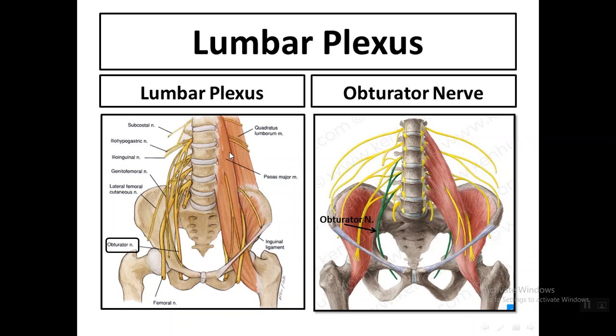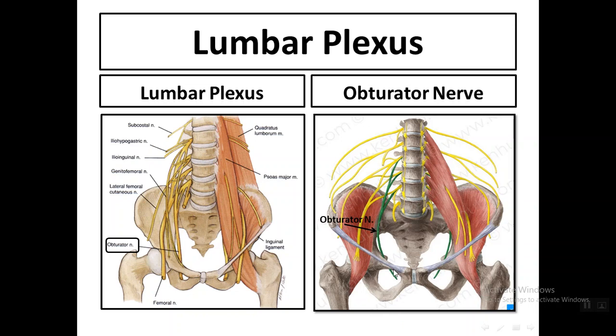We said this muscle has a lateral border, a medial border and an anterior surface. The psoas then unites with the iliacus to form the iliopsoas muscle that is inserted into the lesser trochanter here. From its medial border we have the emergence of the obturator nerve, which will supply the adductor group or the medial compartment of the thigh.